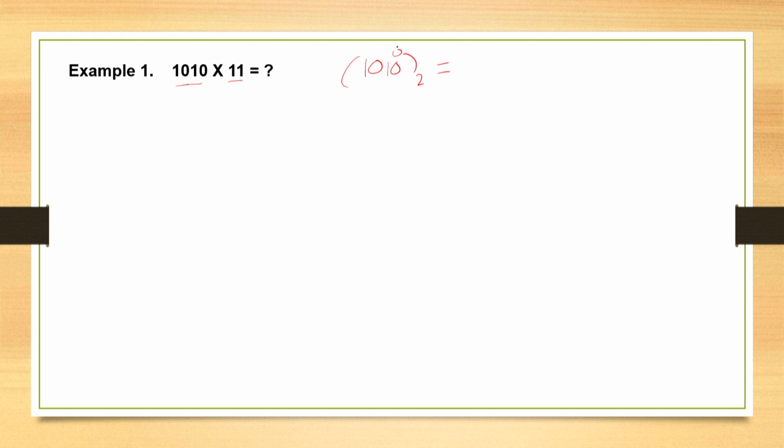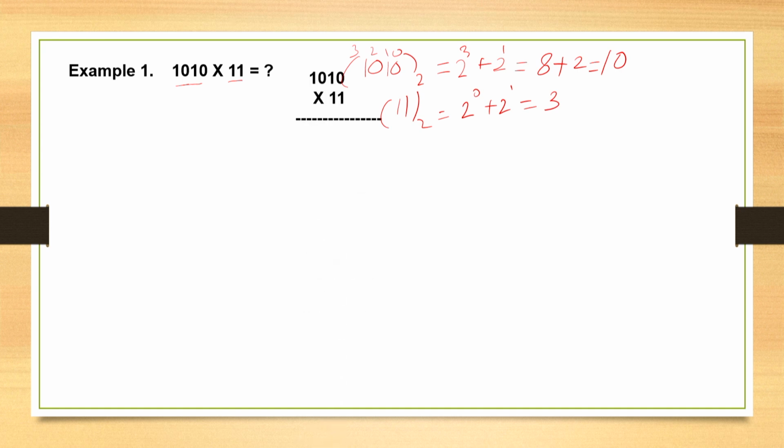So, it is 2 to the power 3 plus 2 to the power 1, that is 8 plus 2 is equal to 10. And this 1 1, this is 2 to the power 0 plus 2 to the power 1, that is equal to 3. So, how will it be done?